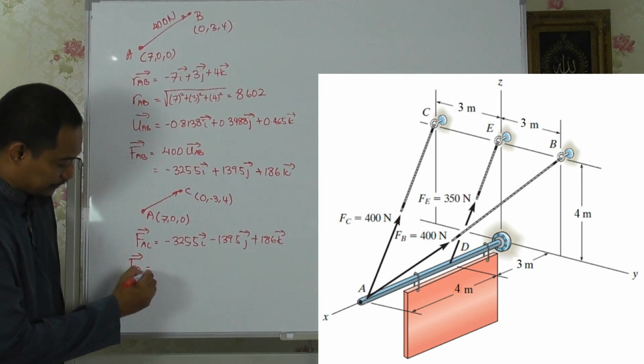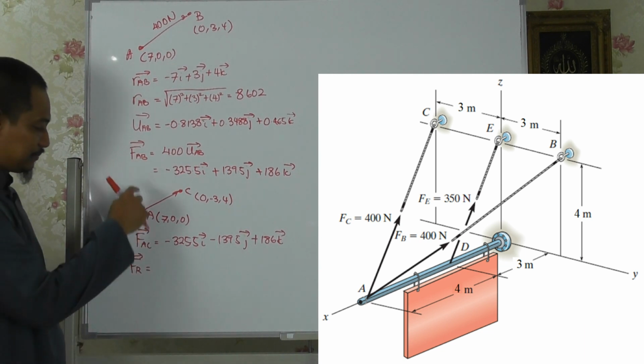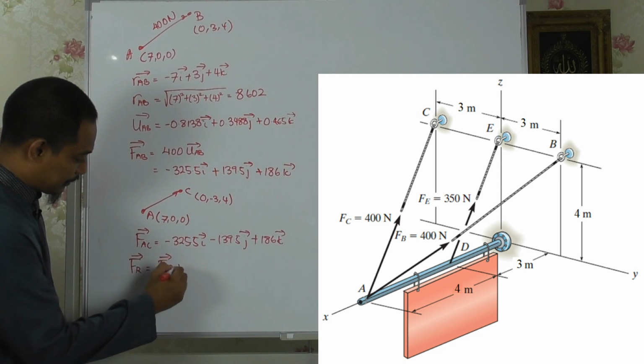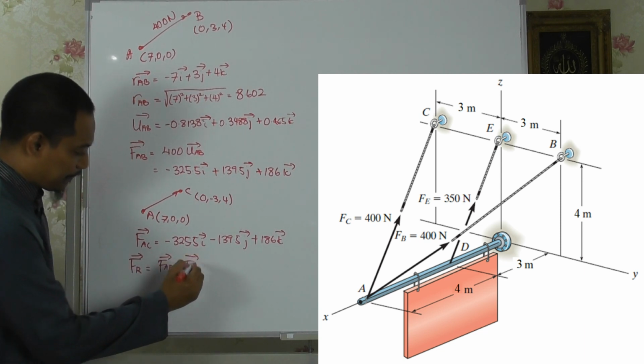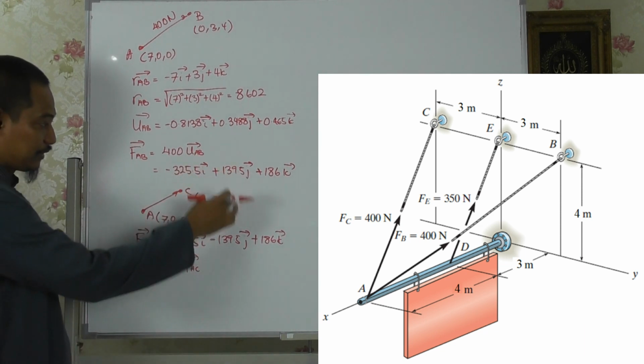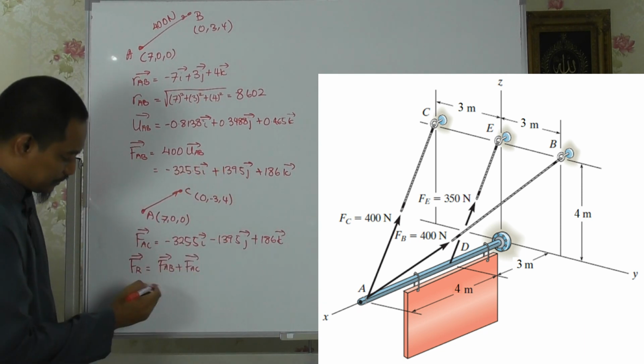What is the resultant? The resultant is simply this plus this, right? So FAB vector plus FAC vector. We just add the X component, Y component and Z component and we'll get the vector.